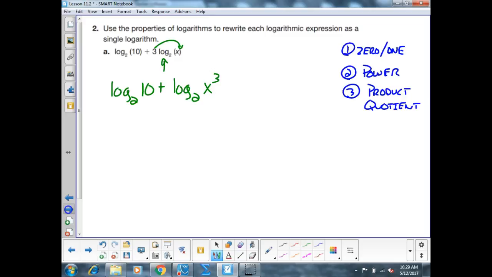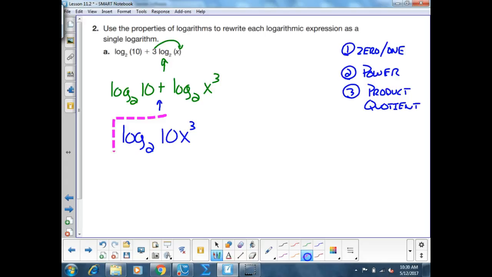Then, this is adding, so that means adding goes with multiplication. So this becomes log base 2 of 10x cubed. And I have it written now as a single log.